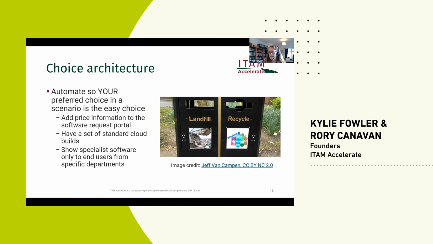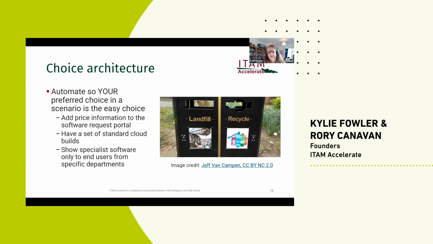This is a concept I think we should be thinking about bringing into our own organizations, so that we build out our tools and automation processes so that our preferred choice, which generally will be the correct one for the organization, is the one that is easy for people to choose. We don't stop them from doing something else, because just because we think something is right for our organization doesn't mean that in their specific circumstances it is the right choice.